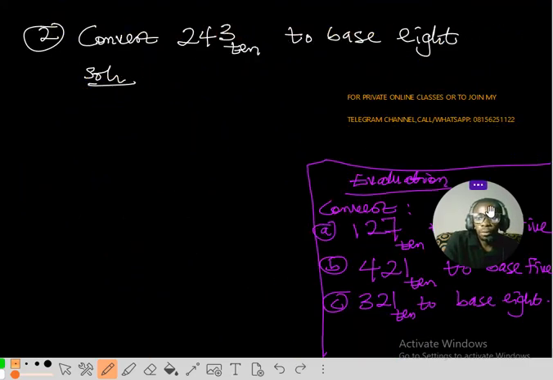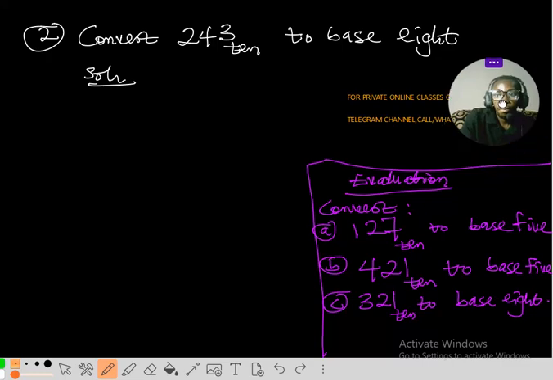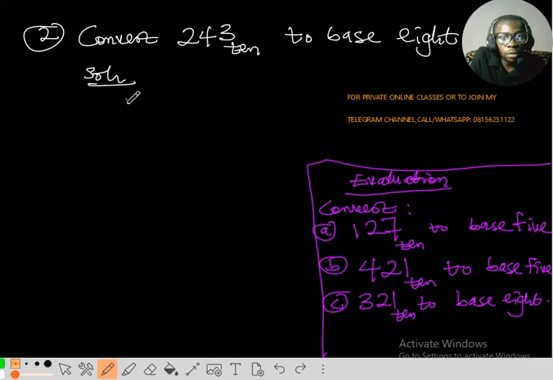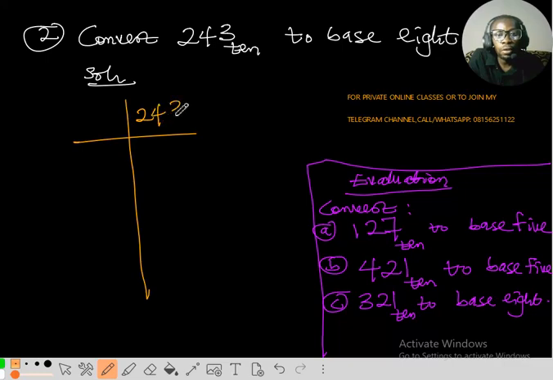Also here, I'm asked to convert 243. Now this is a big number. 243 base 10 to base 8. Look at the number that has been given in front of it, 8. So just write your 243. It's already in base 10. You are converting this to base 8.